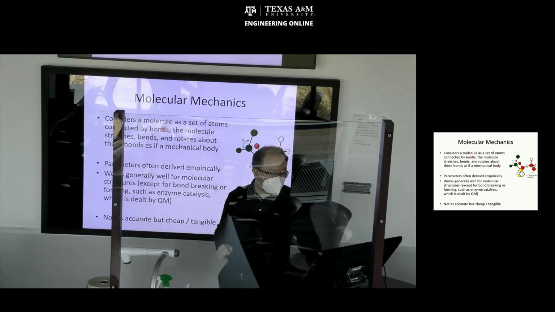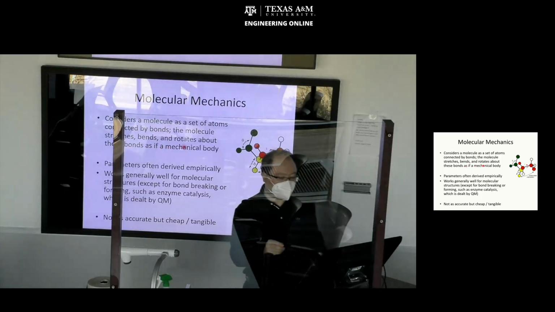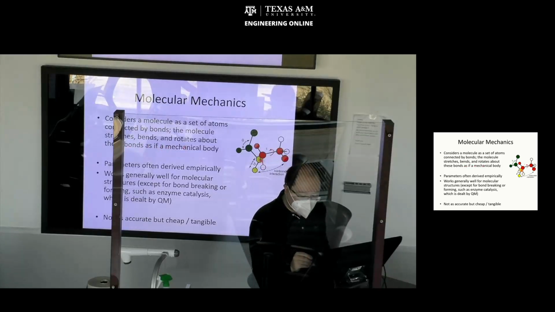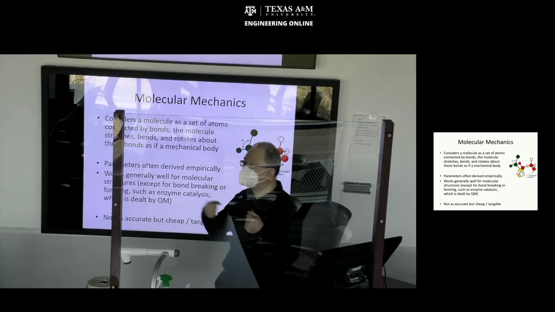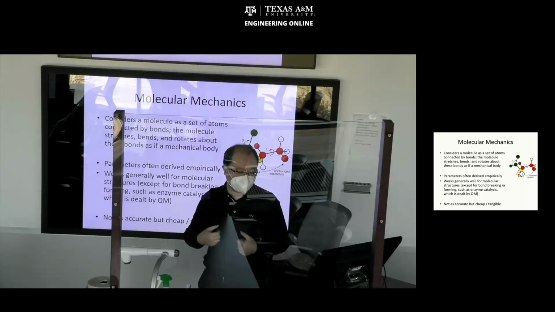And the molecule can stretch, can bend, and rotate about these bonds as if it's a mechanical body. For instance, you have two atoms connected, 1 and 2, then along this direction it's like a Hookean potential. So when they are close, they are pushed away. When they are far away, they are attracted to each other.